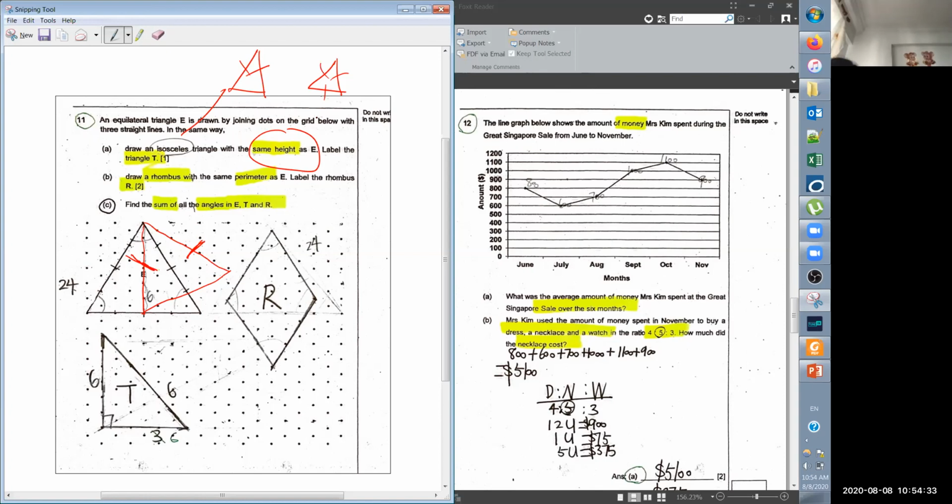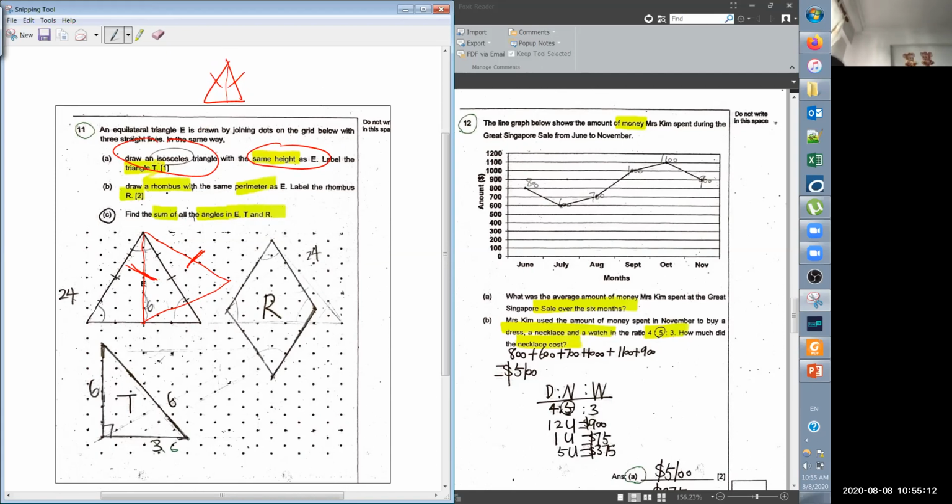Okay? The question asks to draw an isosceles triangle with the height same as E. I think the question is a bit confusing English-wise. I think it asks you to draw a triangle whose height must be the same as E. Originally mine was the same as B. In that case, you are correct, because this is the height.